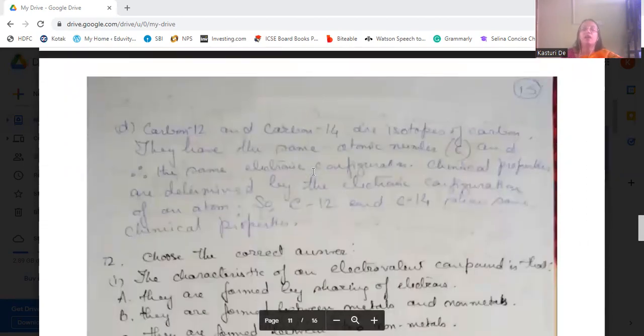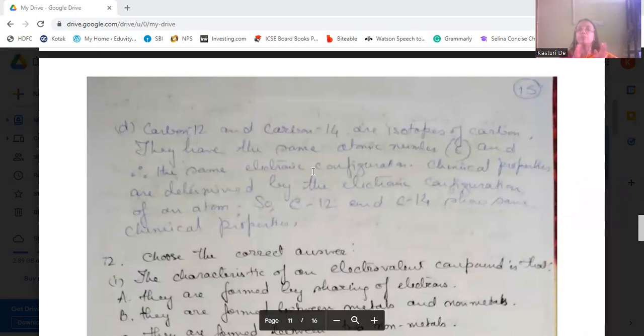Then carbon-12 and carbon-14 are isotopes of carbon. They have the same atomic number, that is 6, and the same electronic configuration. Chemical properties are determined by the electronic configuration of an atom. So C-12 and C-14 show the same chemical properties.